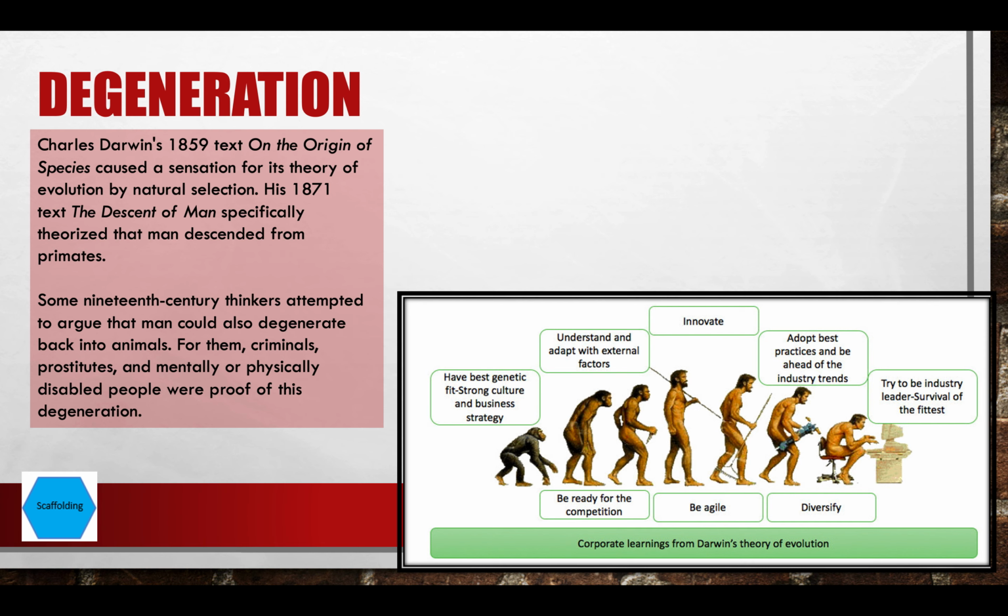So we start with a genetic fit, strong culture and business strategy, ready for competition, understand and adapt with external factors, being able to innovate, being agile, adopting best practices and be ahead of the industry trends, having the skills to diversify and to try to be industry leaders through survival of the fittest. So this is all ingrained within us through our evolution.